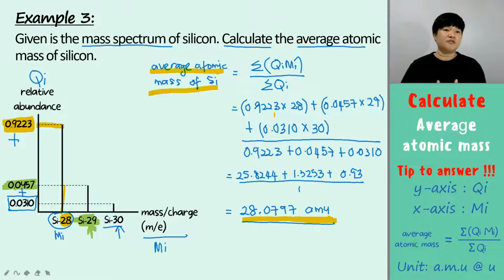Alright, and that is how we use the mass spectrum. Knowing that your y-axis is your Qi, your x-axis is your Mi, using the same formula, solve the mathematics carefully, pressing your calculator carefully, and you will get the final answer and make sure it comes with the correct unit. Simple. Alright, and that's all about average atomic mass. Very simple formula.